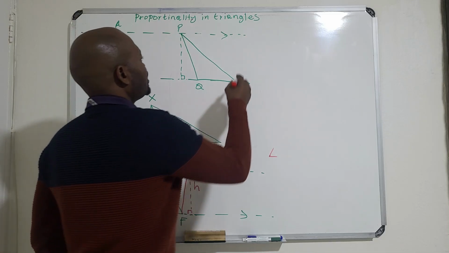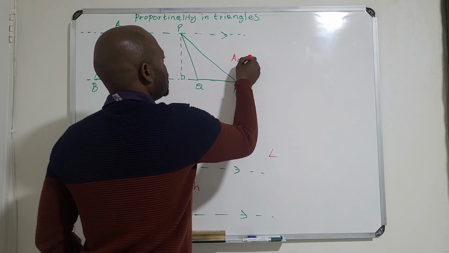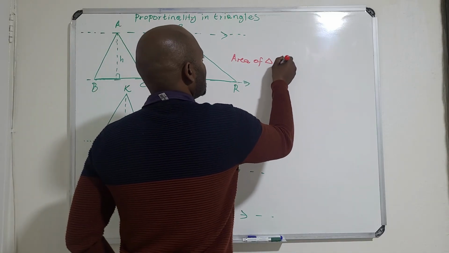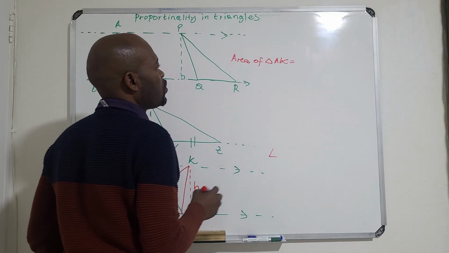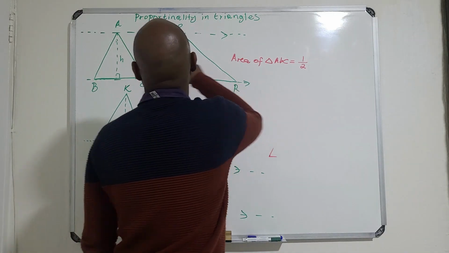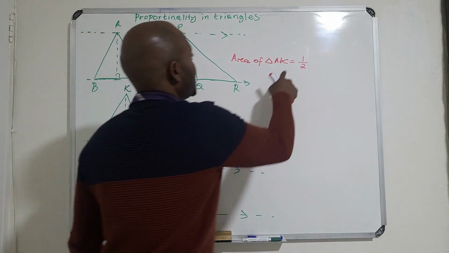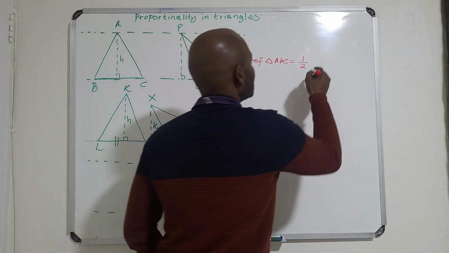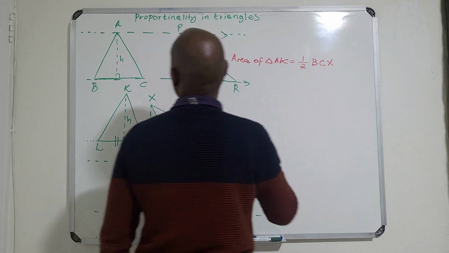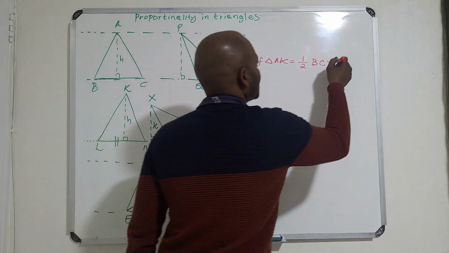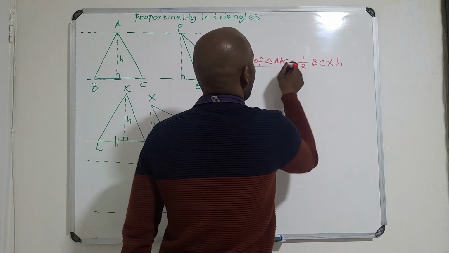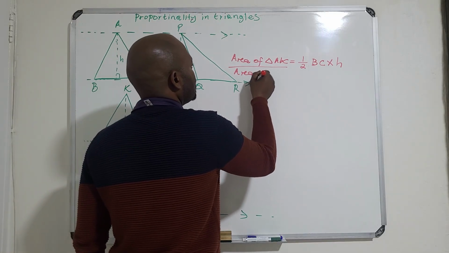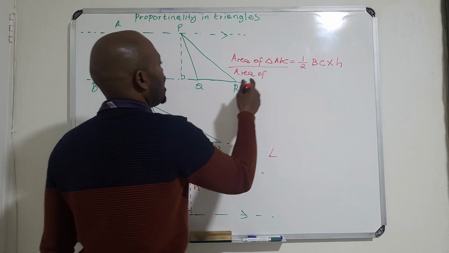It means that the area of triangle ABC is equal to half base, which is BC, times our height, which is H, over the area of triangle PQR.